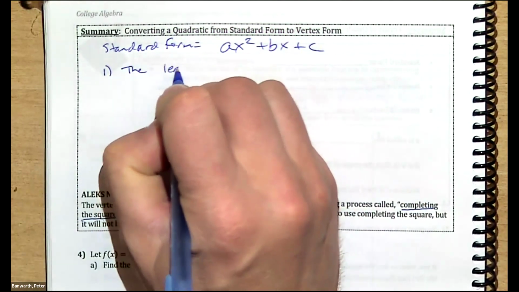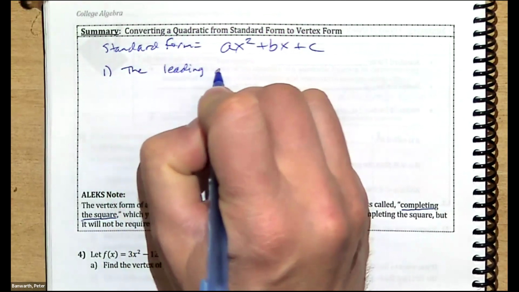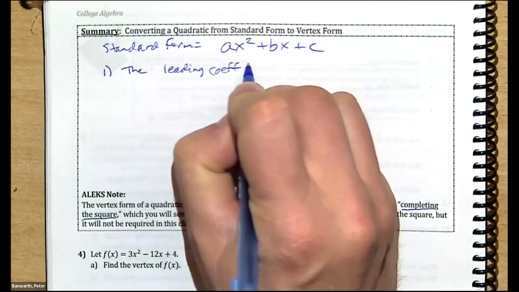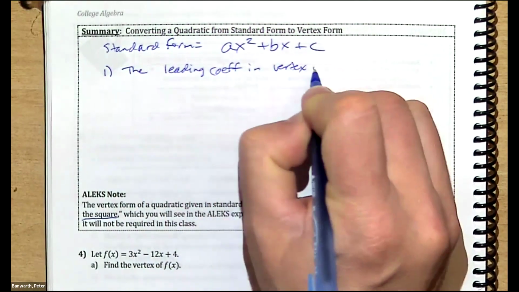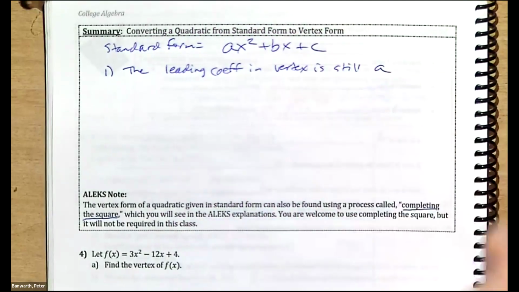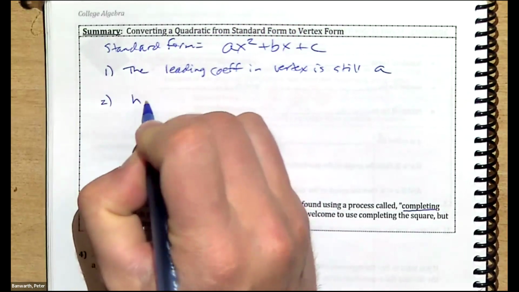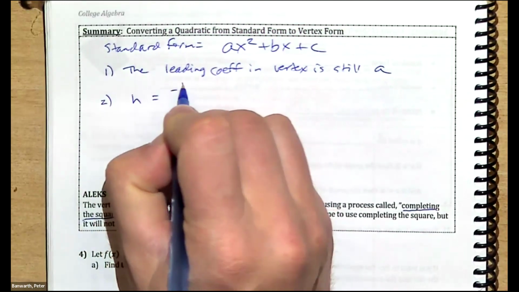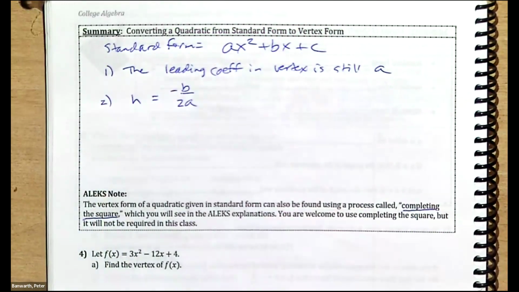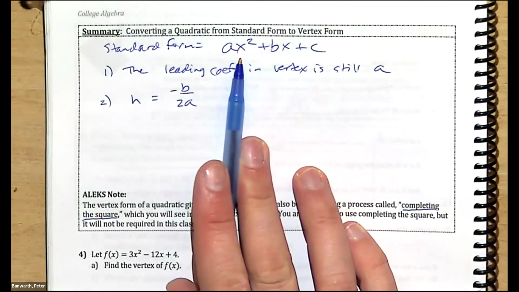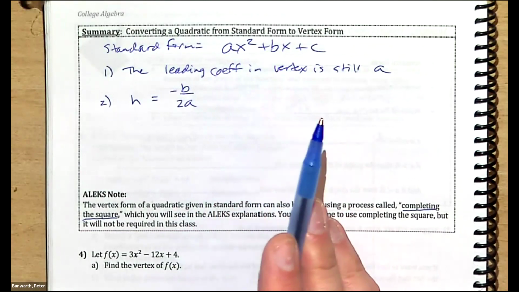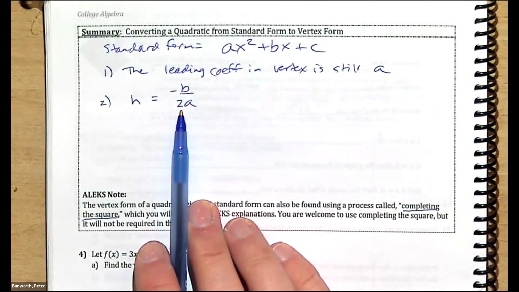The leading coefficient in vertex form is still a. I just talked about that. H equals minus b over 2a. You read off your b, you read off your a. You make the b negative or the opposite of what it was, and you divide it by 2 times a.